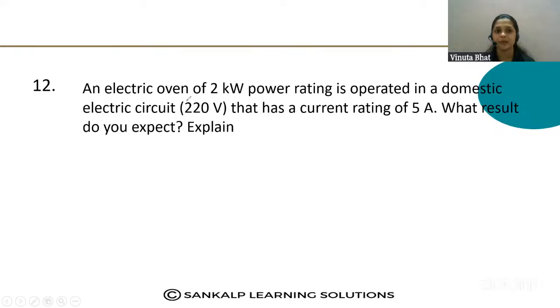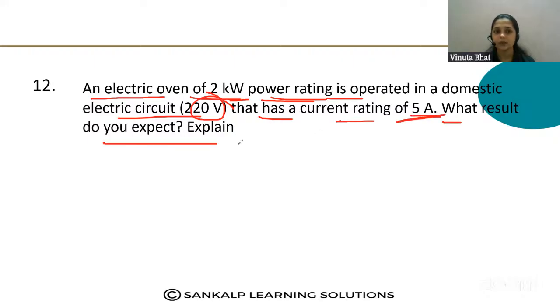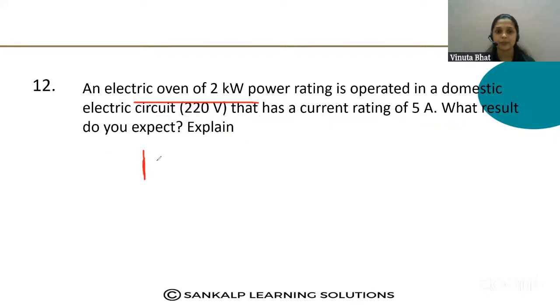Next question. An electric oven of 2 kilowatt power rating is operated in a domestic electric circuit of 220 volt that has a current rating of 5 ampere. What result do you expect? Explain. So what is the power? P is equal to 2 kilowatt, which is 2000 watts.